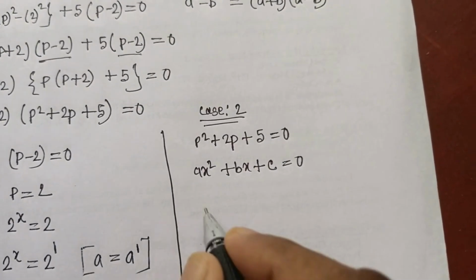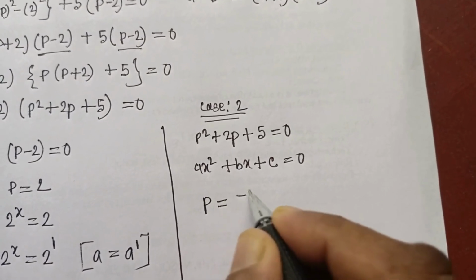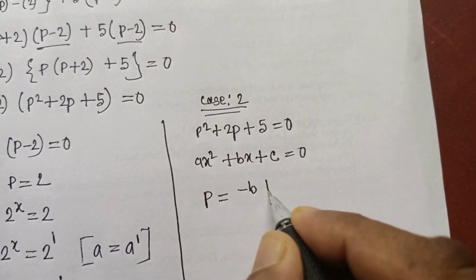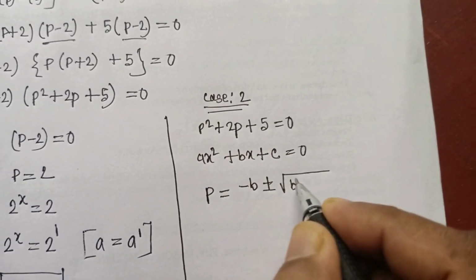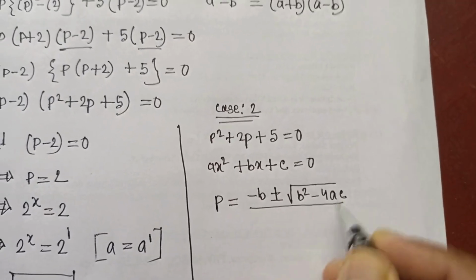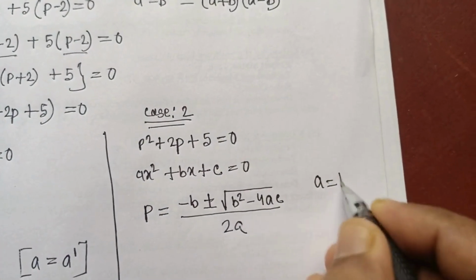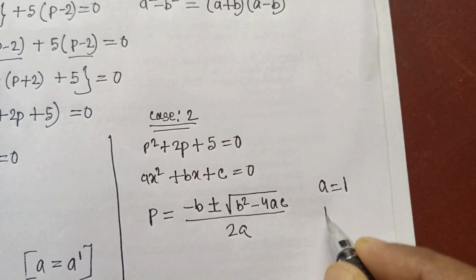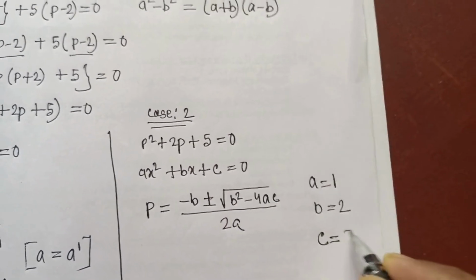So the root of the above expression is p is equal to minus b plus minus root over b square minus 4ac by 2a. Here we can see a equals 1, b equals 2 and c equals 5.